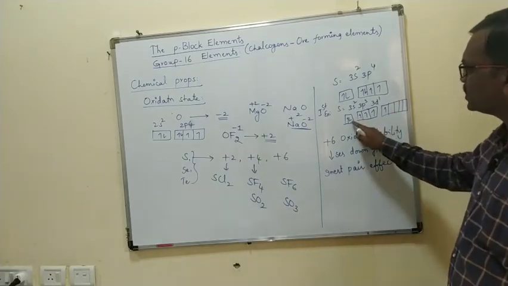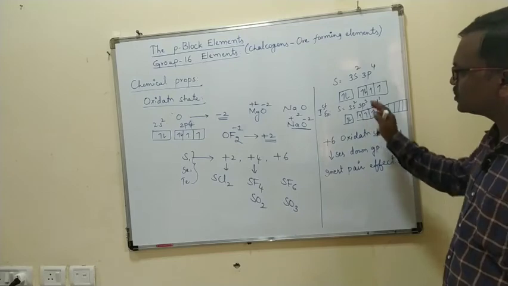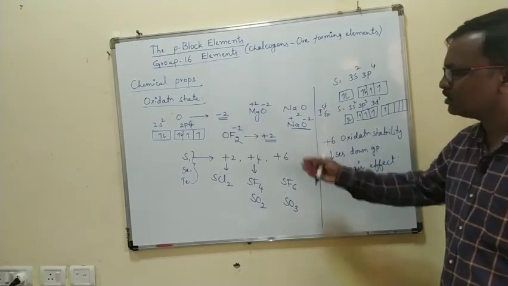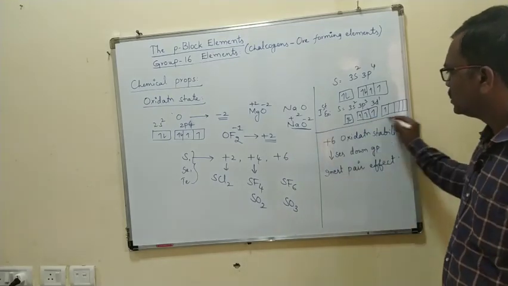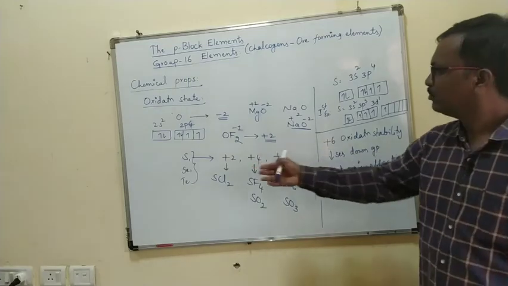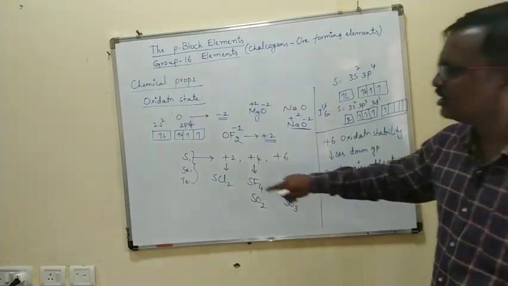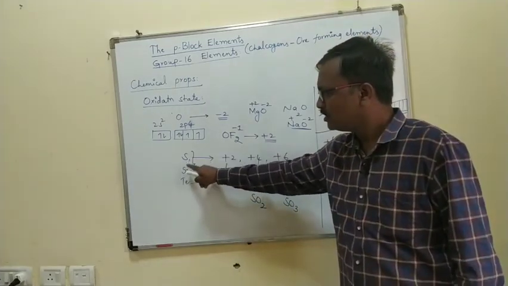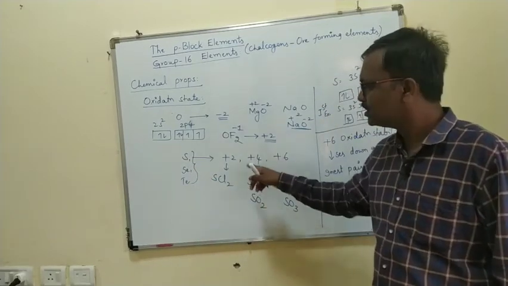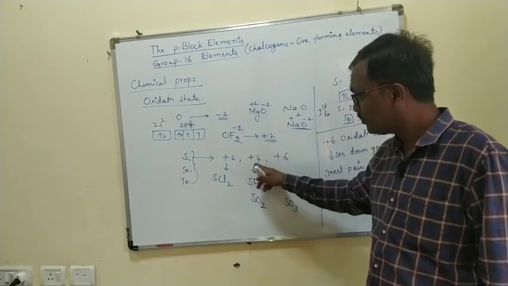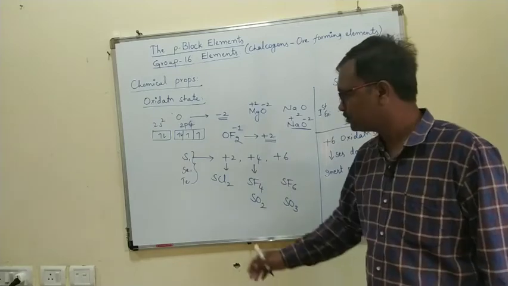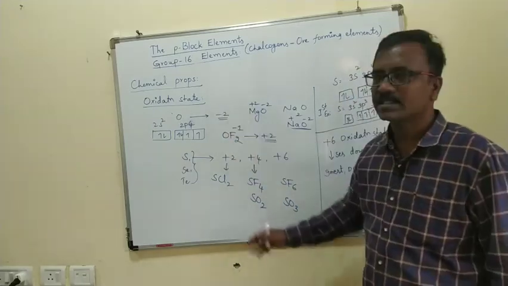In the second excited state, it gives 6 electrons, so it can show +6. Because the d orbital starts from sulfur, it can extend its oxidation state to +4 and +6.